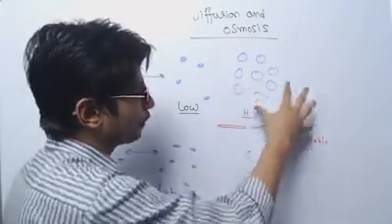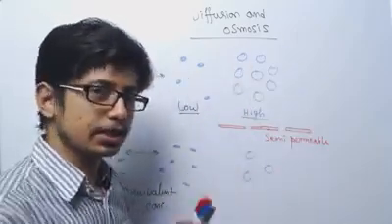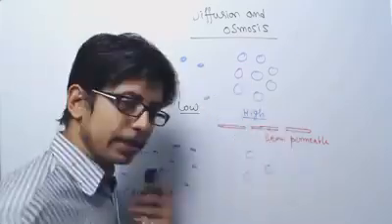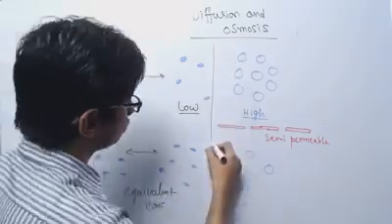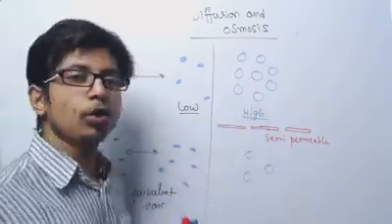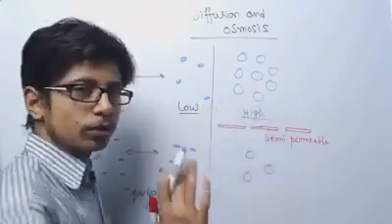Now, a solution is made of two things, a solute and a solvent. For our understanding, in this case we are talking about a glucose water solution.